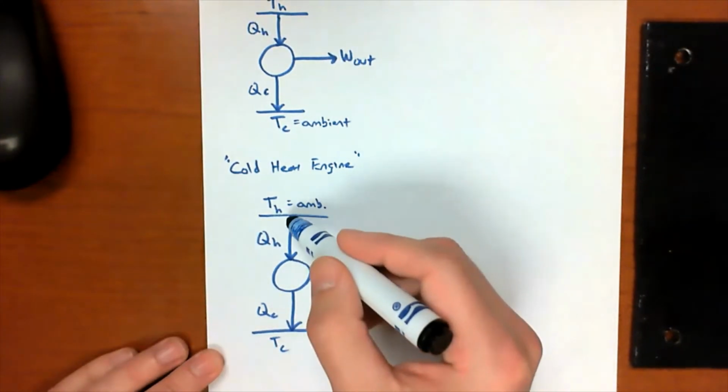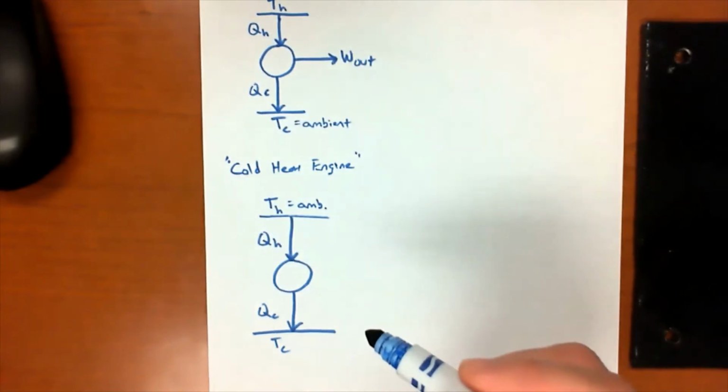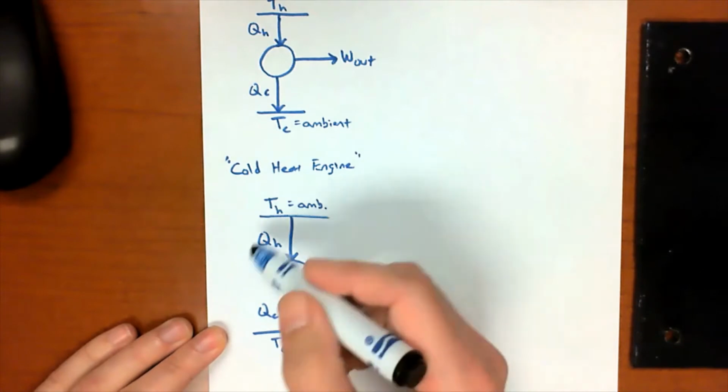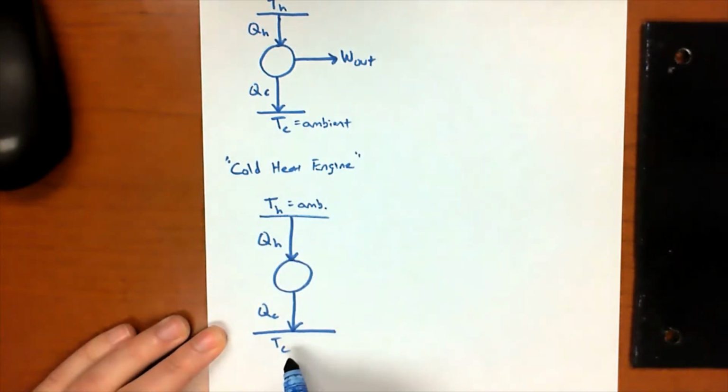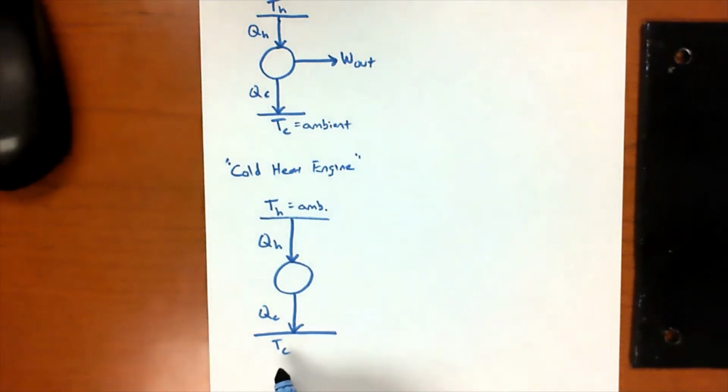Otherwise, this heat is not going to flow. Heat is only going to flow from higher temperature to lower temperature. So somehow in this one, you need to get this cold temperature reservoir lower than the ambient temperature. It could be some type of refrigeration cycle or something like that. But it needs to be a lower temperature.